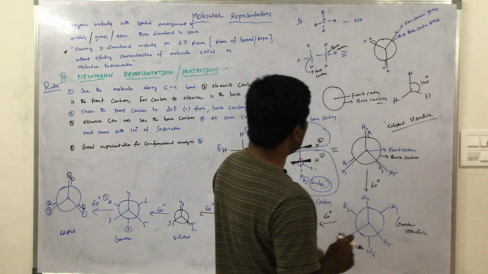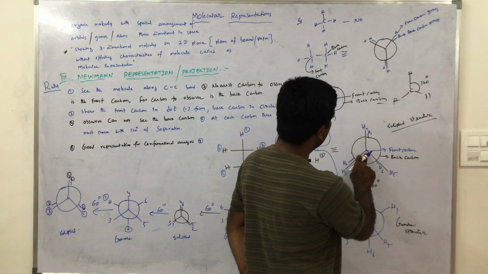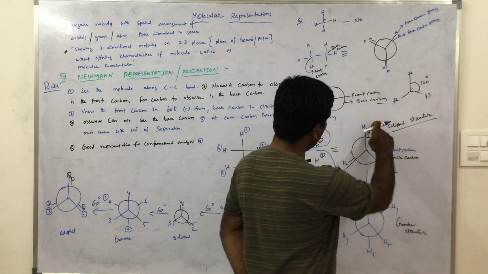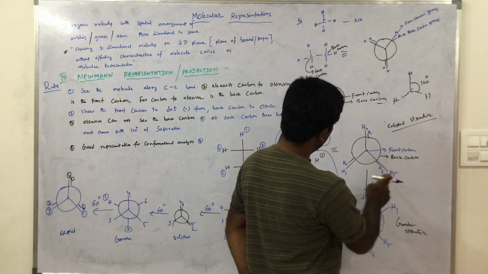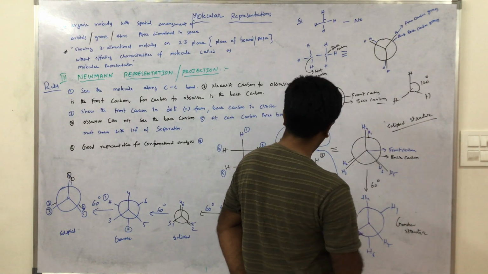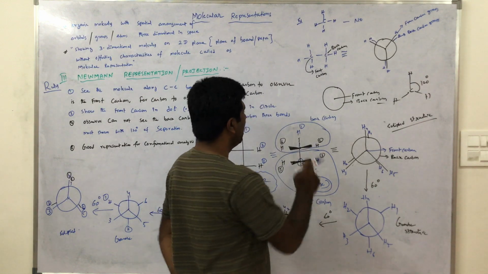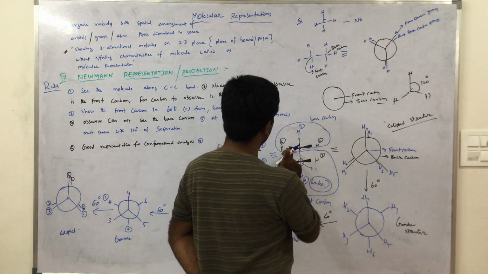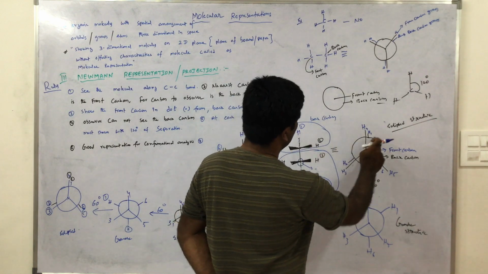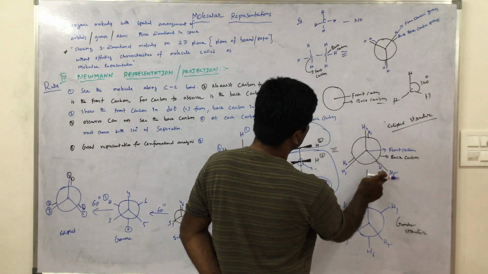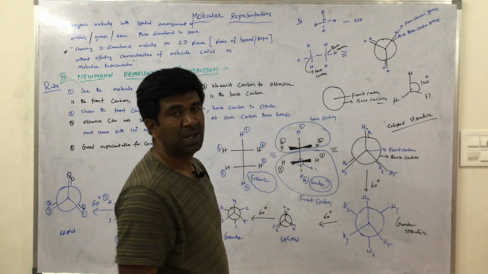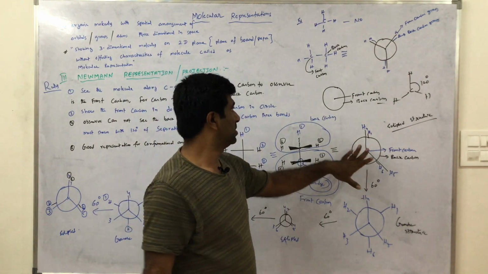The front carbon has 3 hydrogens: 3, 4, 5. The back carbon has 1, 2, 6. This is the back carbon representation. Likewise, this is the Newman representation.